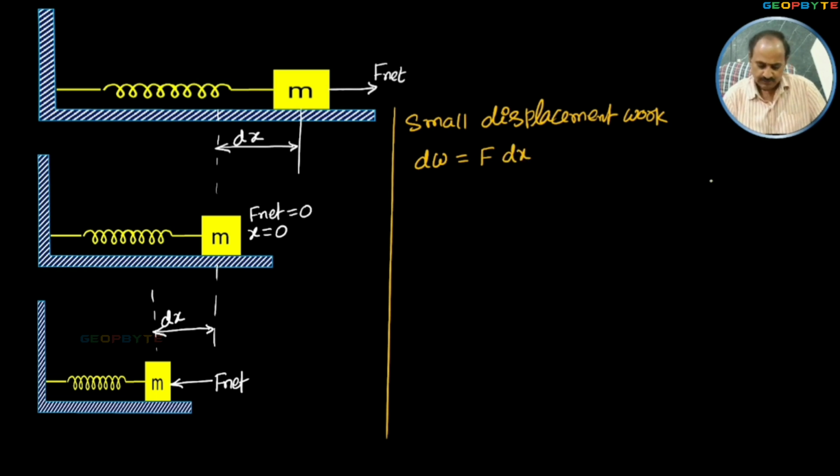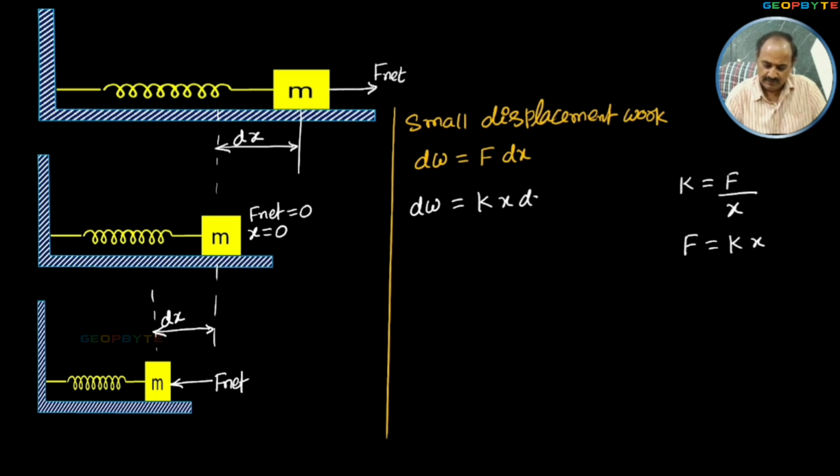But as you know, the stiffness or spring constant k equals force required per unit deflection. From this, force equals k times x. Therefore dw = kx dx. That is the small displacement work with the small displacement dx.